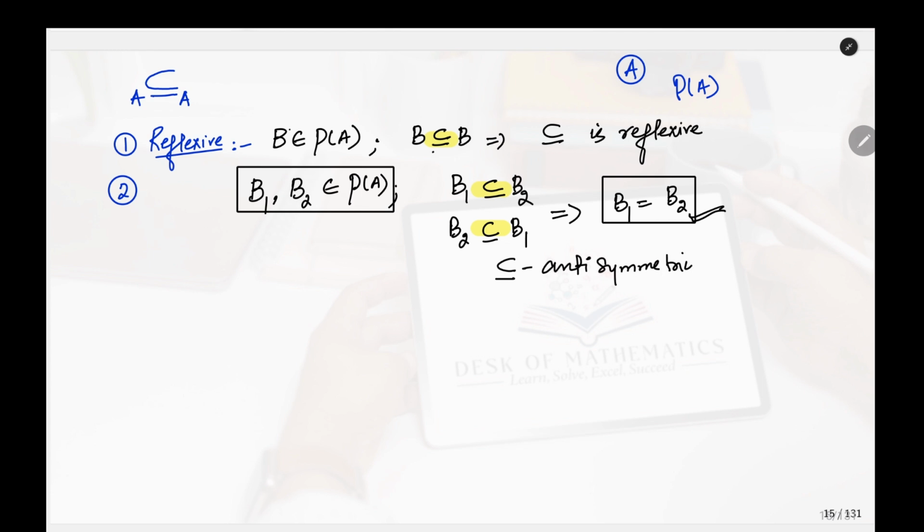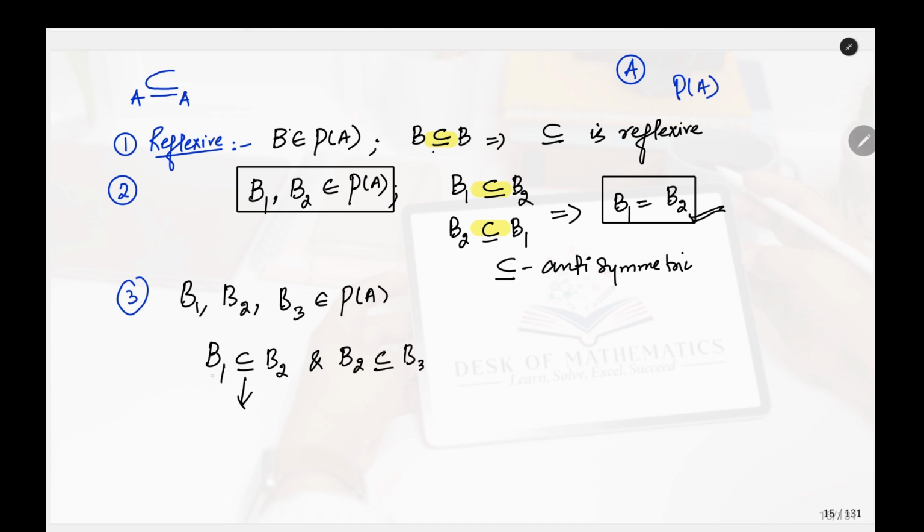Now the third is transitive. For example, B1, B2, B3 are three subsets of A, and B1 is related to B2, that is B1 is a subset of B2, and B2 is a subset of B3. Every element of B1 is in B2, and every element of B2 is in B3. So by the relation, B1 should be in B3, so B1 is also related to B3, which means it is transitive.